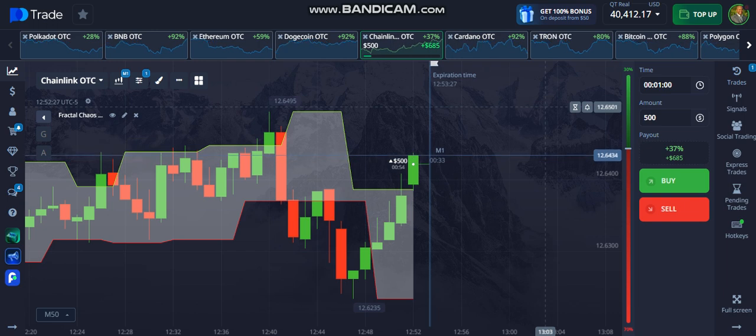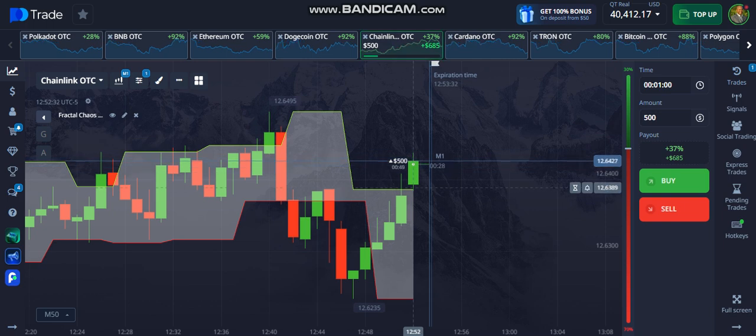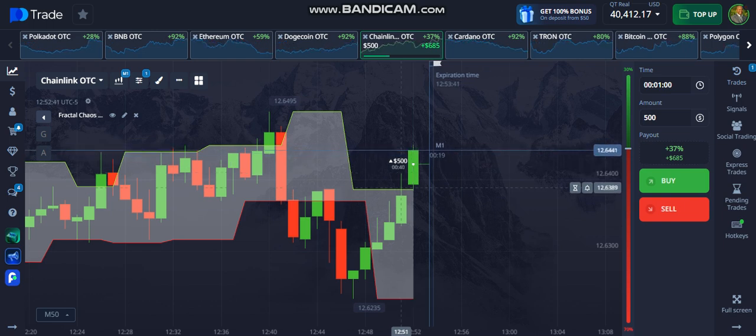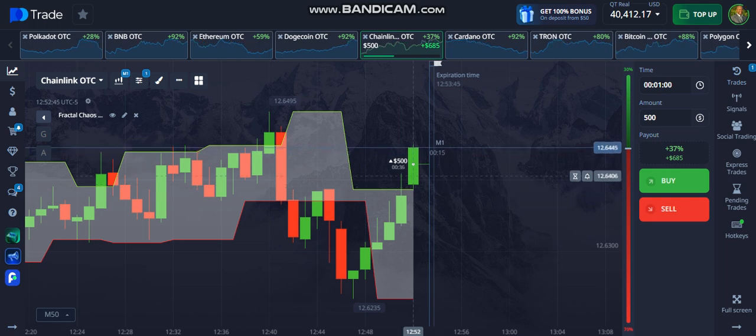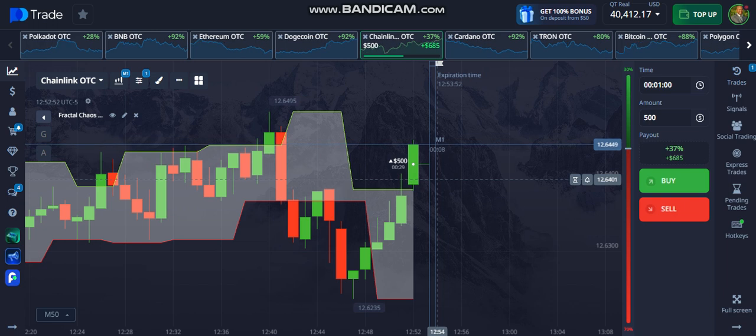Okay, so I'm on Chainlink and I just took a buy trade here. And the reason why I took the buy trade, I saw this strong green candle developing, and I knew it was going to close outside the fractal chaos band line boundary here, which suggests to me I'm anticipating a bullish breakout to the upside over the next 60 seconds here.